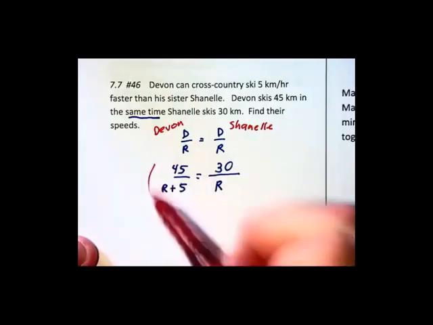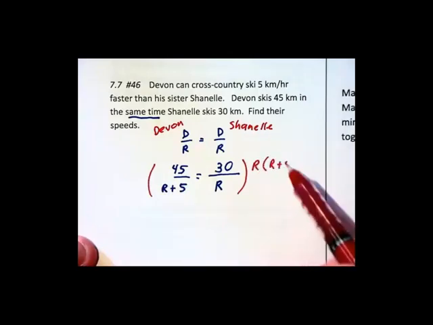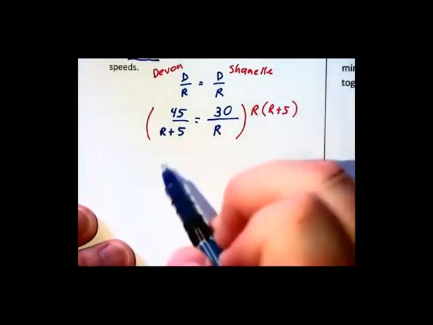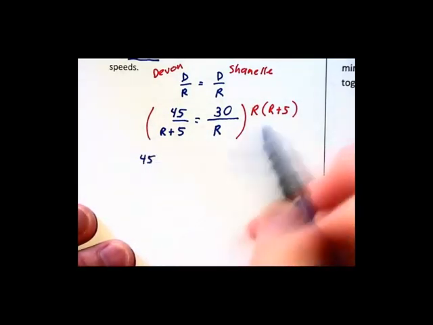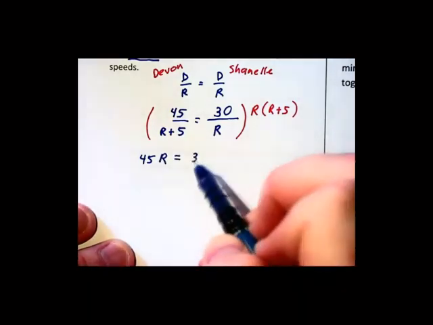We're going to multiply through by the least common denominator, r times r plus 5, in order to cancel those fractions out. And here we go. On the left, we've got a 45 in the numerator. After the r plus 5's cancel, it gets multiplied by an r. On the right, we had 30.